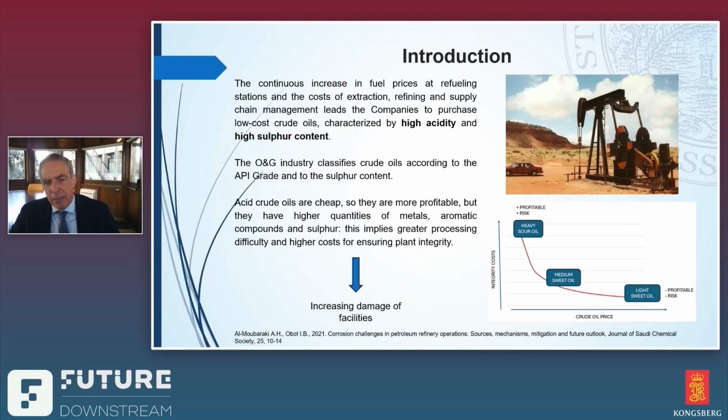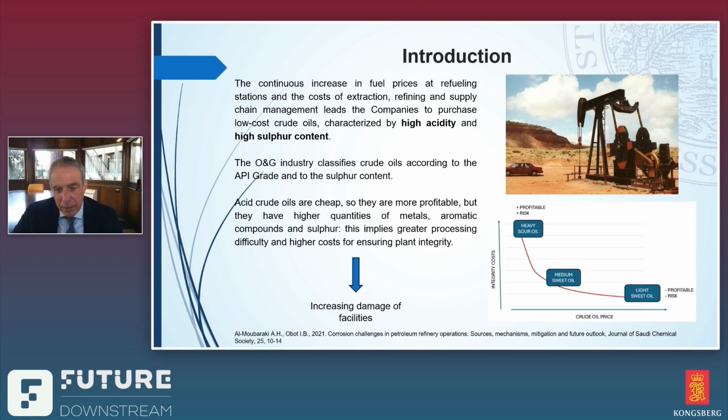The aim of our study is to maximize the use of low-cost crude oils that are obviously characterized by higher acidity and higher sulfur content compared to the sweet oils. These oils give us the possibility to increase the margin, so to get more money from our process.